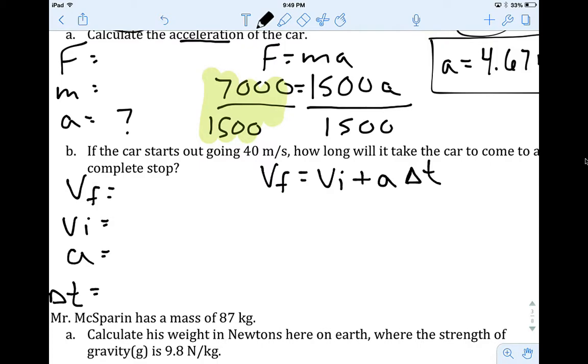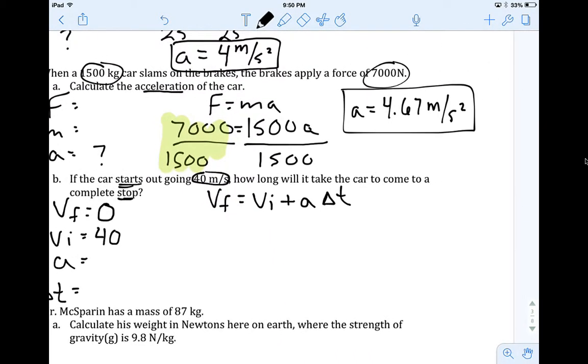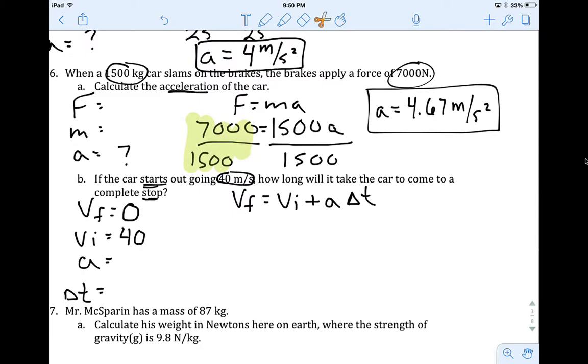It says that at the end, it's going to come to a complete stop, so I think final speed is going to be 0. Initial speed looks like it says the car starts at 40 meters per second, so I'm going to say my initial speed is 40. Now acceleration is what we got up here, 4.67. So I'll just copy that and paste it right there from our previous problem.